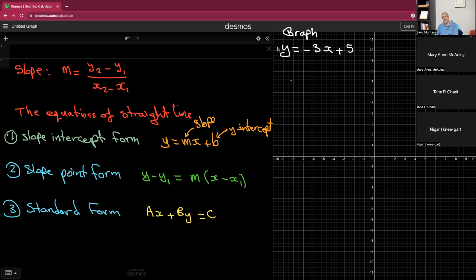So we're going to start with graphing something like y equals -3x plus 5. How do we graph this? The first thing I'm going to do is go back to basics. What are the basics? When we're graphing, we start with a table of values.